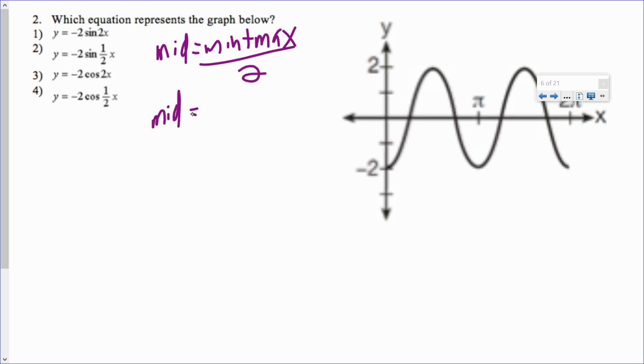So the midline is -2 plus 2 over 2, which is 0 over 2, which is 0. So my midline is 0. I draw it in. Again, for this example, you might say, yeah, I knew it was 0 just by looking at it. Great. Once I have my midline, I'm going to start looking at amp sine freq x shift.